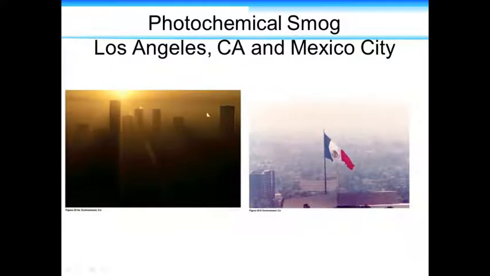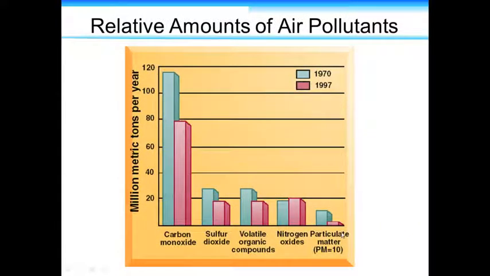Here are some pictures of photochemical smog. Again, it's cities that don't have good airflow where those NOx and VOCs can build up and then with the sunlight form our ozone and other smog compounds. And we've made some improvement with the amounts of air pollutants, 1970 versus 1977.